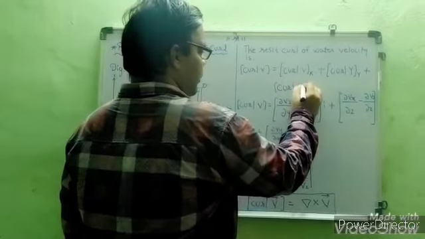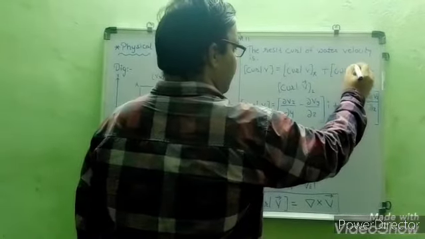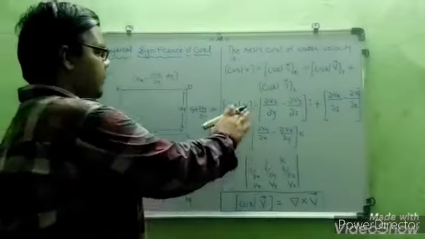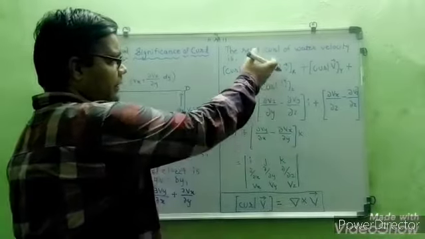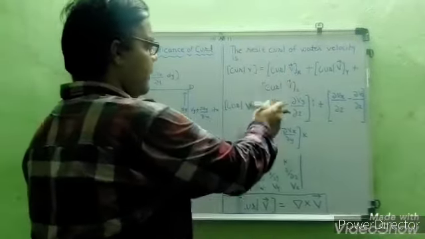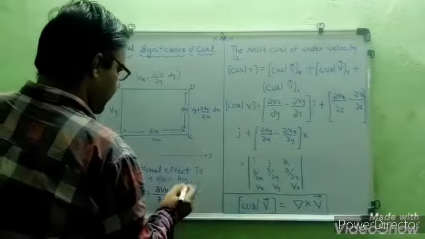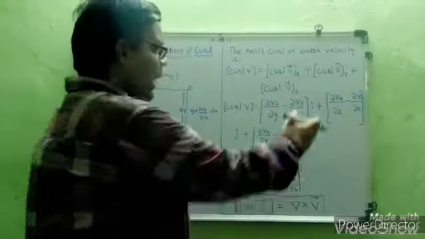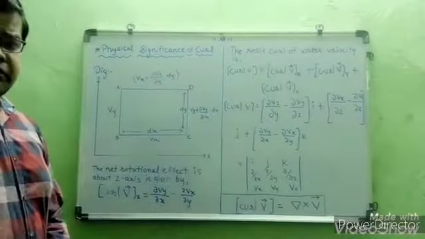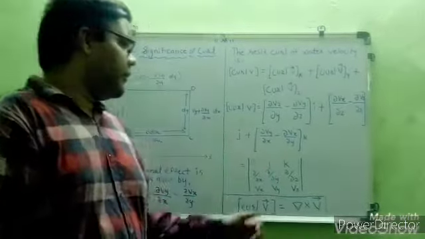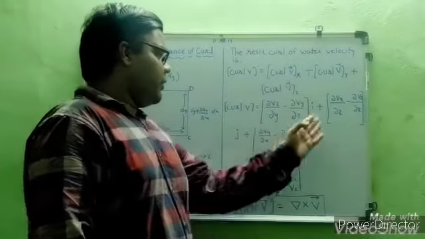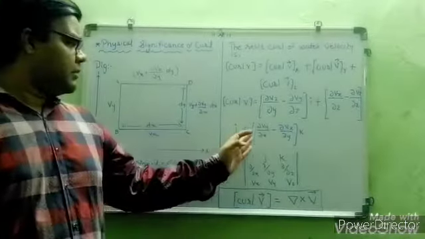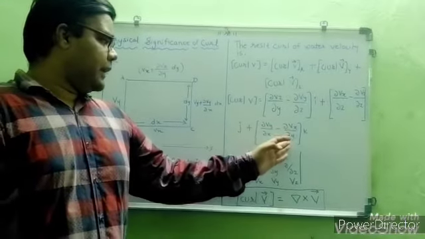So the curl of vector v is described as: del Vz by del y minus del Vy by del z into I, where I, J and K are the unit vectors, plus del Vx by del z minus del Vz by del x into J, plus del Vy by del x minus del Vx by del y into K.